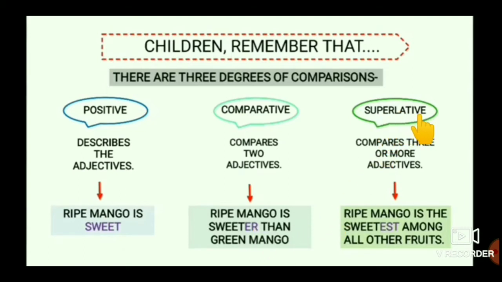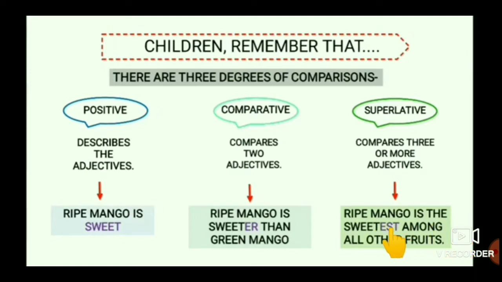Superlative. The superlative compares 3 or more things. For example, ripe mango is the sweetest among all other fruits. Here observe, children, ripe mango is the sweetest among all other fruits. The comparison here is with all other fruits.